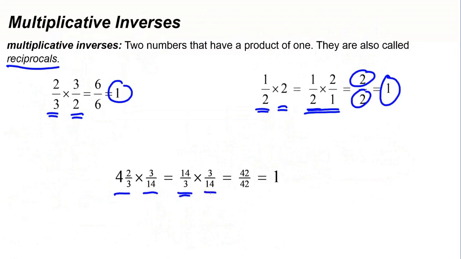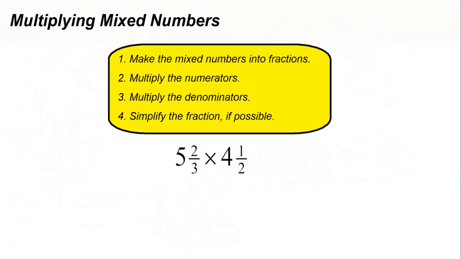So 14/3 and 3/14 are those mirror image fractions of each other, or reciprocals, that are called multiplicative inverses, because when we multiply them together, we get the same thing in the numerator as we do in the denominator, 42/42, which is always equal to 1. And that's a very important thing to know when it comes to learning pre-algebra or algebra in the future, this concept of a multiplicative inverse.